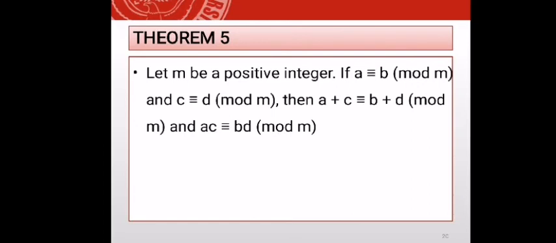Let m be a positive integer. If a is congruent to b mod m and c is congruent to d mod m, then a plus c is congruent to b plus d mod m, and ac is congruent to bd mod m.